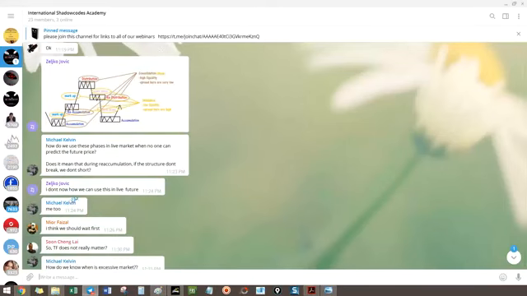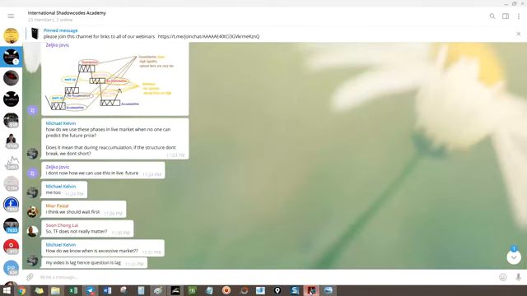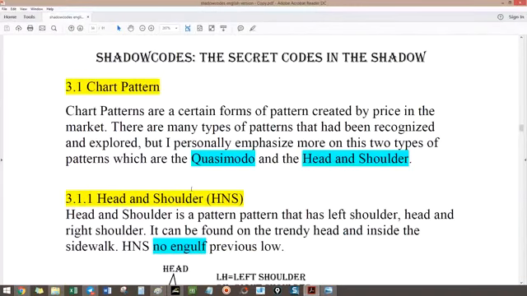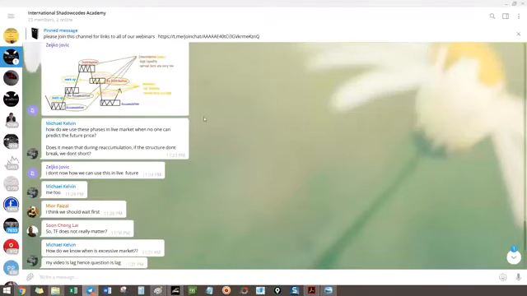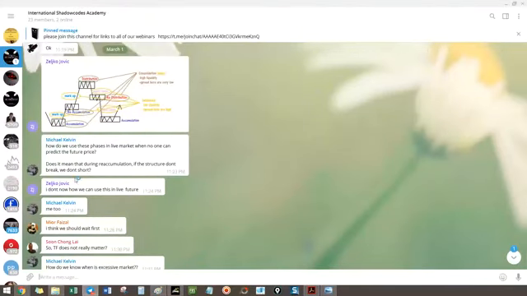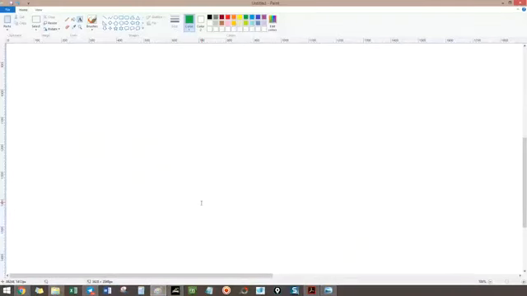I don't know how we can use this in live future. All right, I will show you. I will explain this in the next topic, but since I want to give you a brief picture of what you will be using with market structure, you will see something like this, for example, a base like that. And then you see something like this.